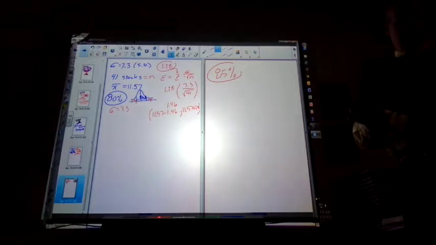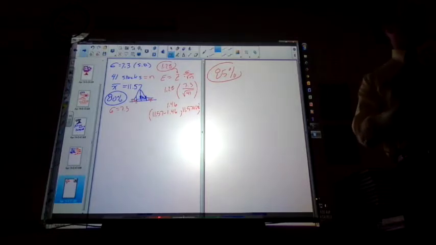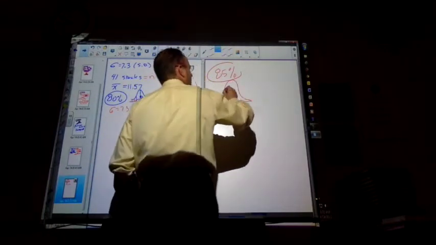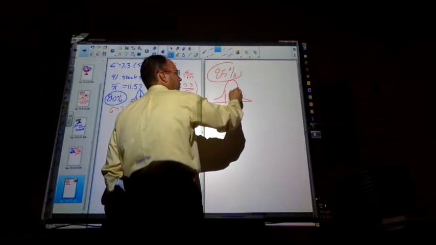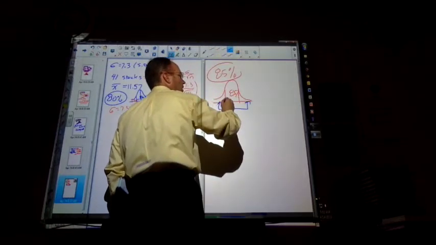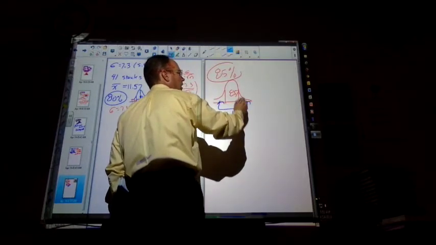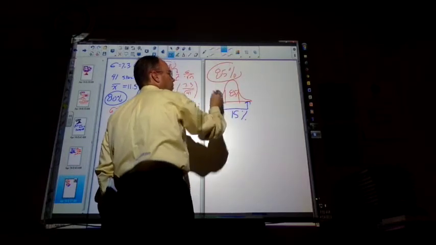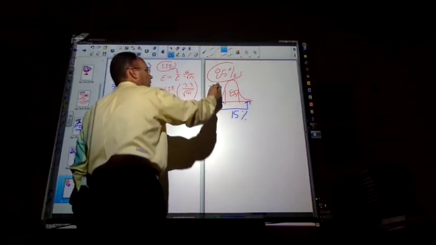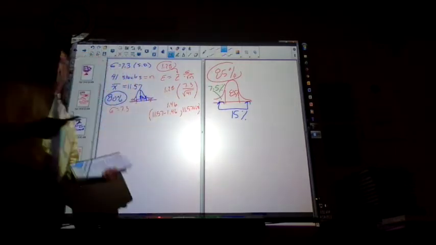No, I have 90, 95, and 99, right? If you had 85% of the area here, then this area and this area are going to be 15%. So how big would one part of that area be? 7.5%.